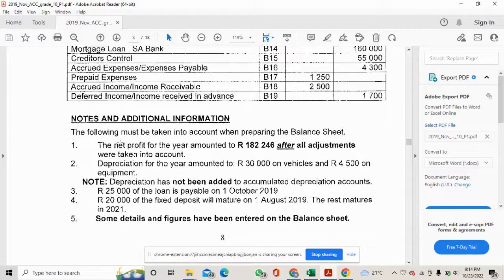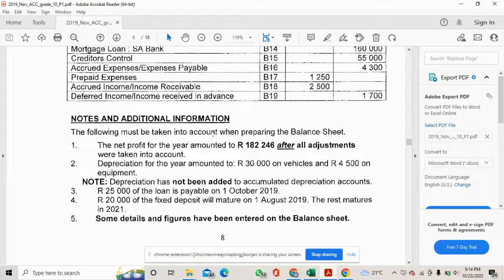They are saying that the following must be taken into account when preparing the balance sheet. Number one, the net profit for the year amounted to 182,246 after all adjustments were taken into account. You must note that. Number two, it talks about depreciation. It says depreciation for the year amounted to 30,000 on vehicles and 4,000 on equipment.